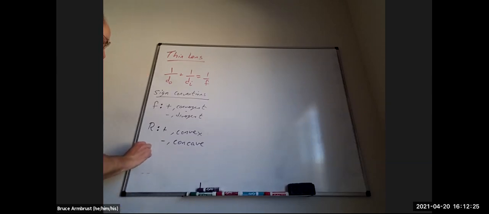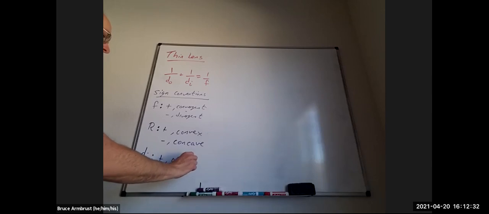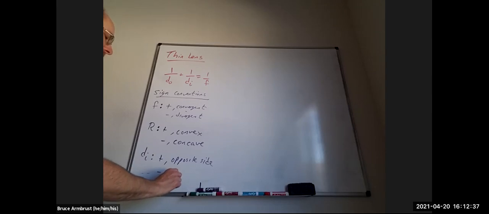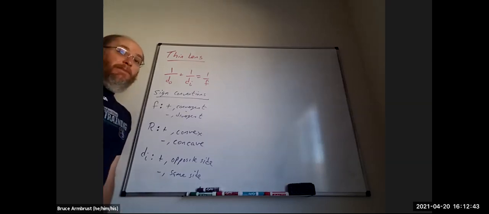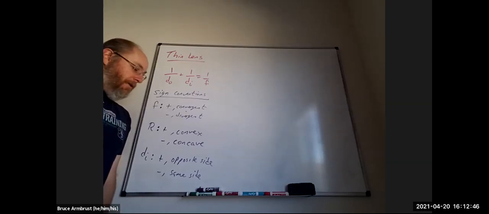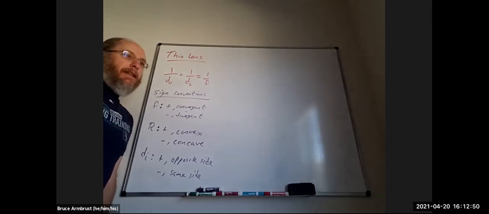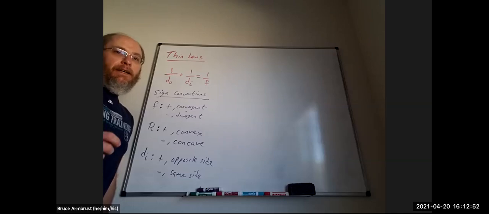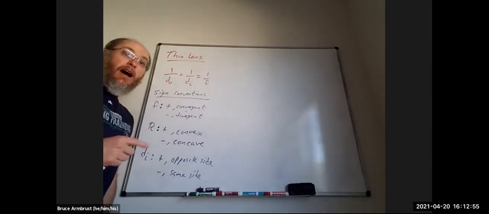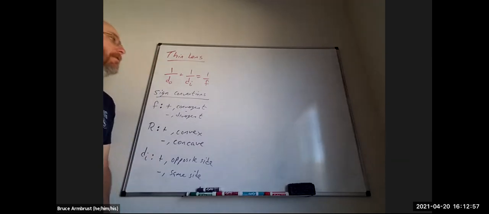And then the DI, this one's also a little bit different. Positive means that it's on the opposite side. And negative means that it's on the same side. And when I say same and opposite sides, I mean as the object. Okay, so if your image shows up on the same side as your object of a lens, then that's a negative DI. So that's also opposite what we saw.